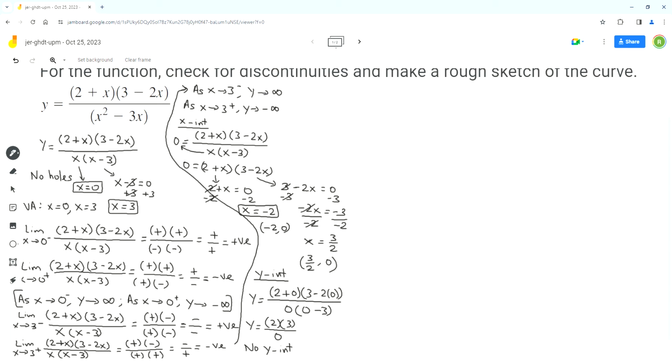And that's because there is a vertical asymptote at x equals 0. So the y-axis is a vertical asymptote. So now we are done with intercepts. So now the next step is to analyze the critical points for this function.